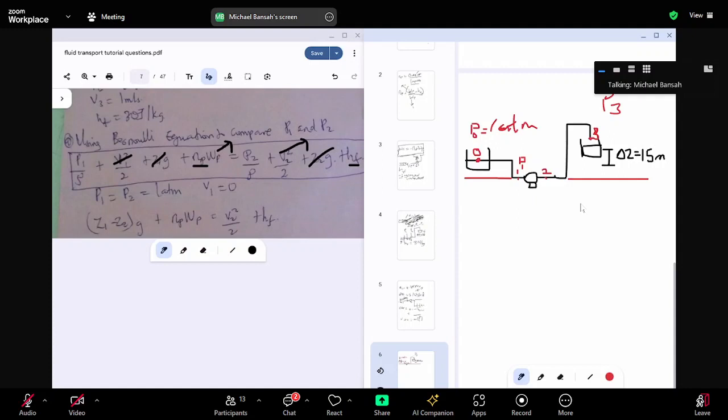So my P3 at the spout, exactly the discharge spout, because it's exposed to the atmosphere, is also 1 atm. Remember, the pressure at 3 is not the same as the pressure at 2. Because the pressure at 2 is moving in a pipe. The pressure at 3 is being discharged to the atmosphere. So take note of that.